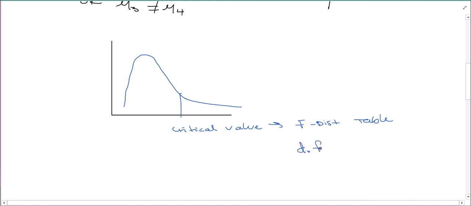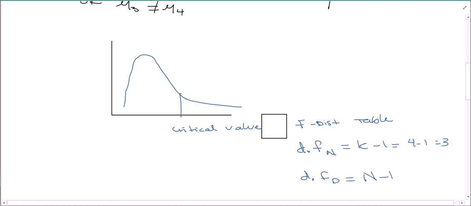Now we did say that degrees of freedom for the numerator were k minus 1. So k was the number of samples. We had 4, right? The 4 different regions. So 4 minus 1, which is 3. I was already thinking the answer was 3. And then the degrees of freedom for the denominator are n minus 1. I guess I should maybe use a different type of n here.